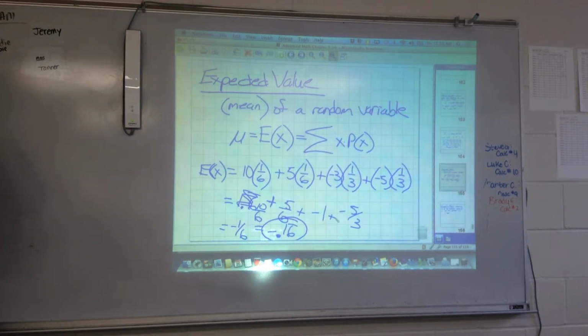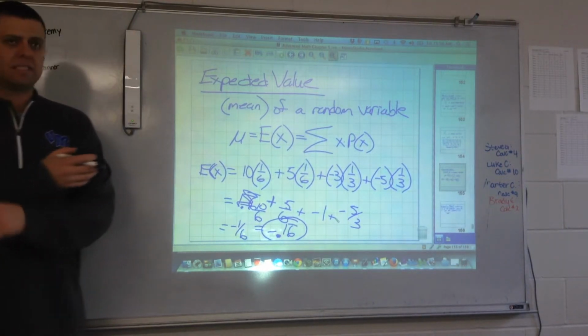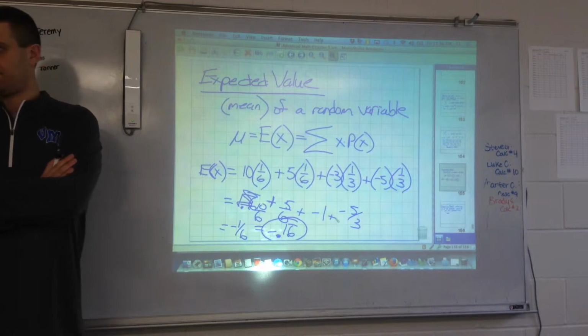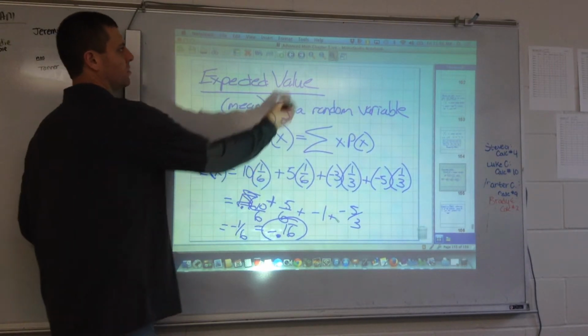Now, my expected outcome was losing 16 cents. Obviously, had I changed the price to, okay, it's going to cost you $7 to play this game, then we would have had some differences, right?